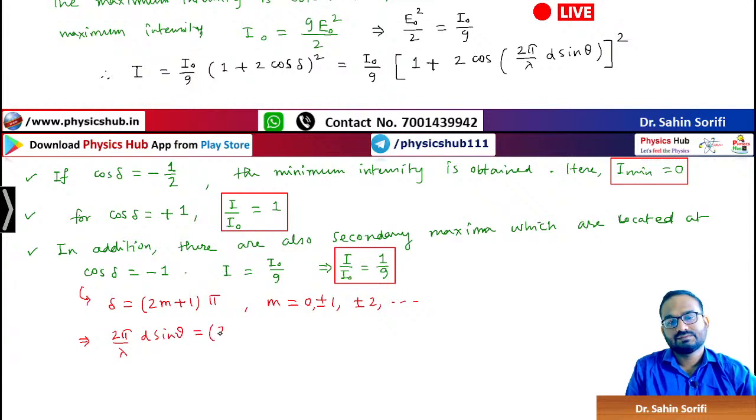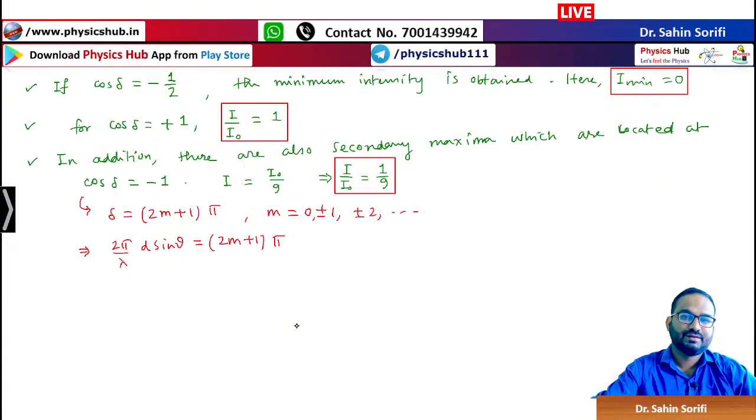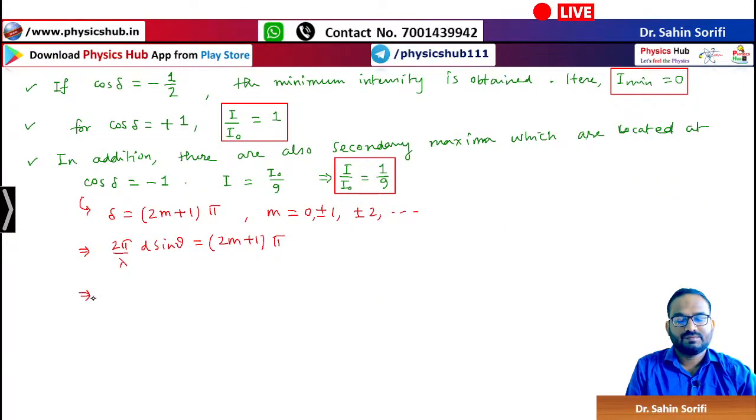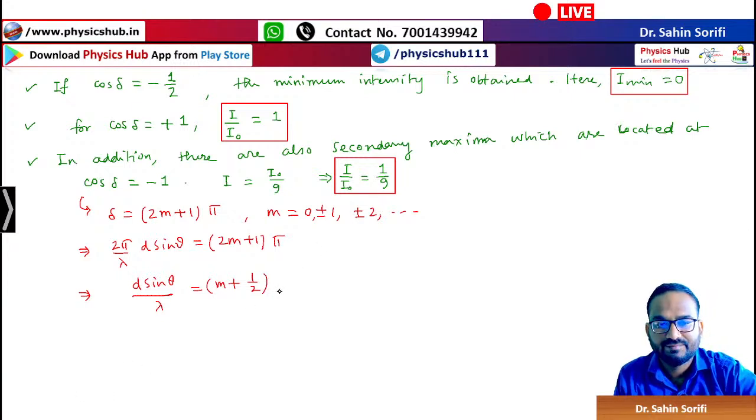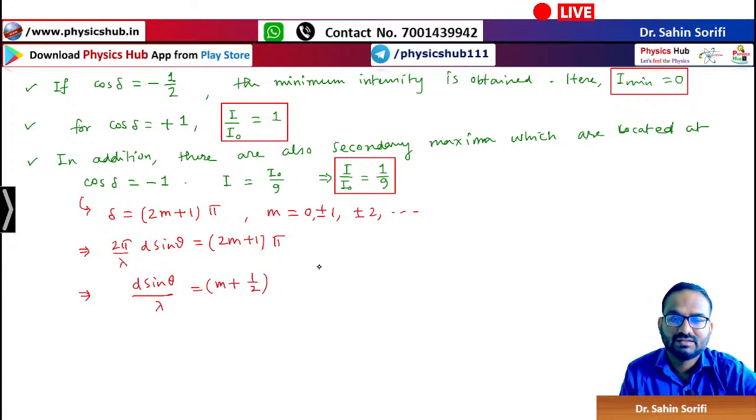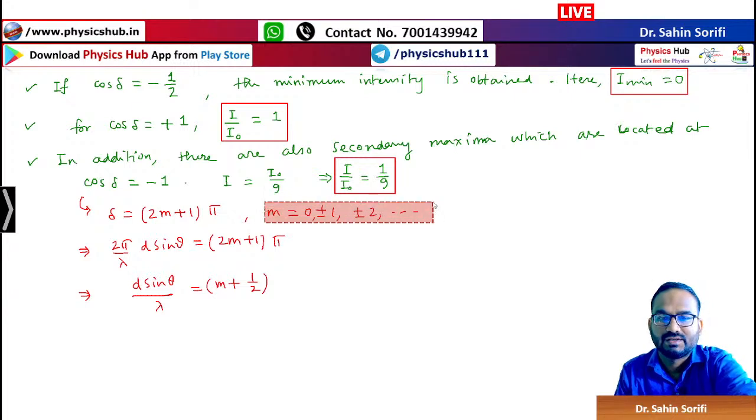This is equal to twice m plus 1 into pi. Okay. So from this we get d sin theta upon lambda equal to m plus half, and the values of m are given by 0, plus minus 1, plus minus 2 and so on.